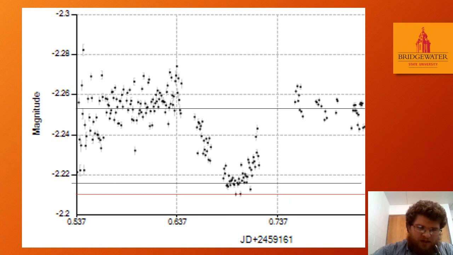So let's look at our very, very nice transit first off. Right here, this black line represents the average magnitude for the brightness of the star, at least from what we observed that night.